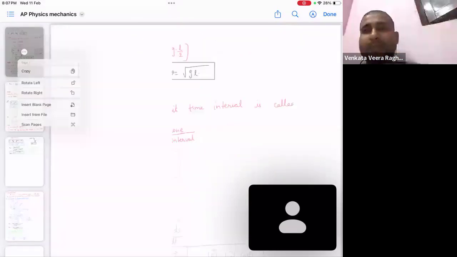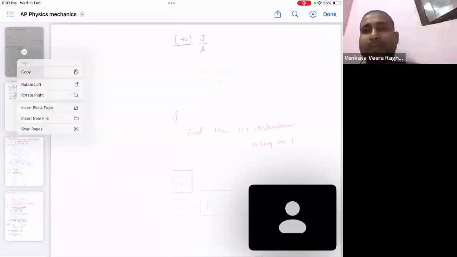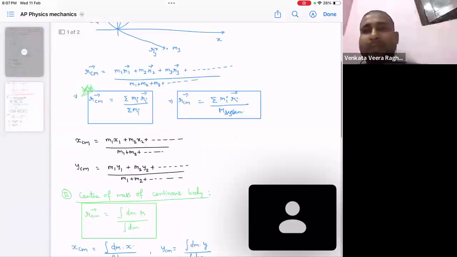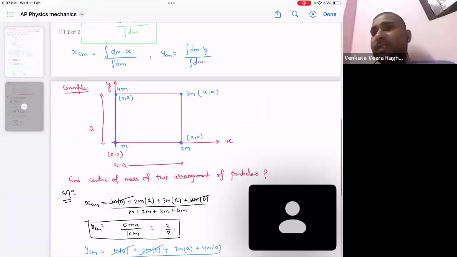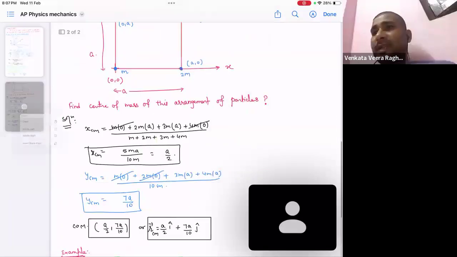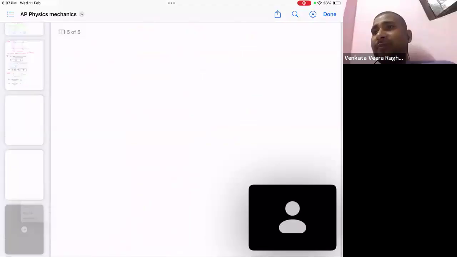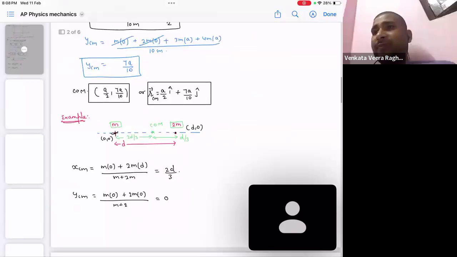If it is a particle system, then we will use m1 x1 plus m2 x2 plus m3 x3 divided by m1 plus m2 plus m3, like that. But if it is a body, then we should use integration. Before integrating, we should first calculate the center of mass for the element. Like if I want to calculate the center of mass of a uniform rod, what will it come to?